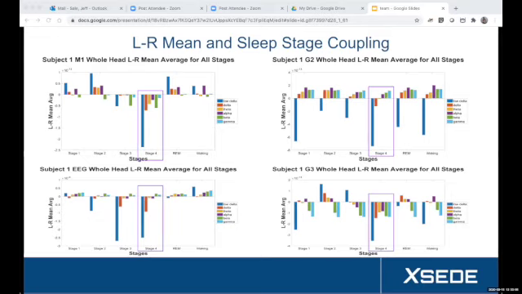What we're really focusing on is stage 4, highlighted in the purple rectangles. We can see that the low delta and delta bars are, in the case of low delta, negative, which is consistent with the hypothesis that lower frequencies are more dominant in the right hemisphere in stage 4.